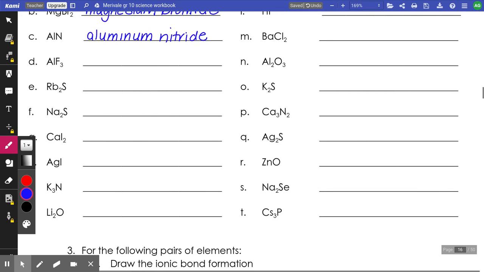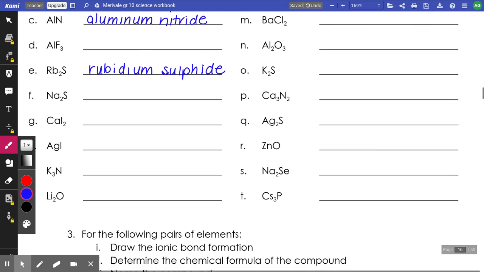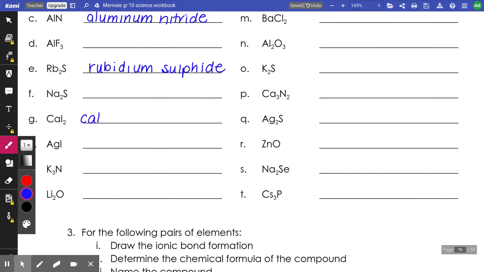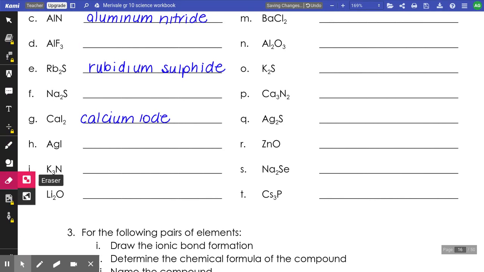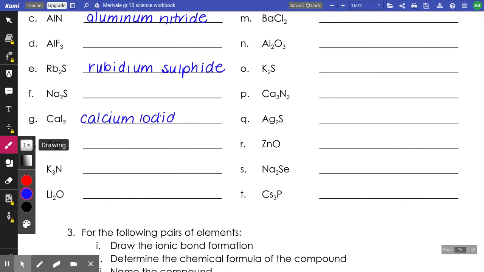Let's go down to rubidium. So Rb2S is rubidium sulfide. Then calcium iodide. Oops, iodide.